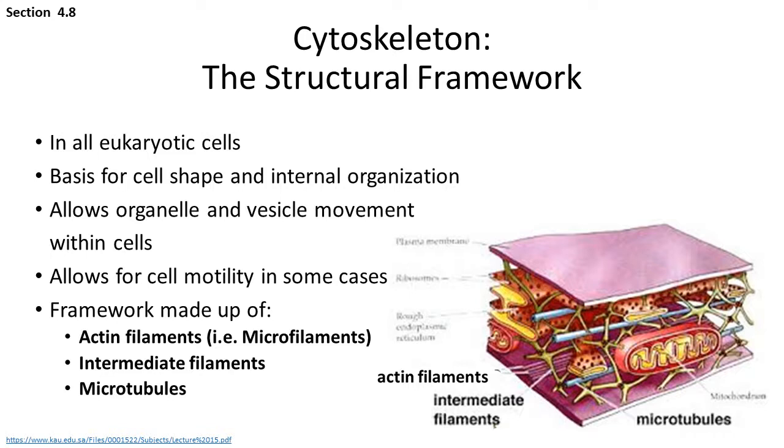It allows for internal organization. So it is the basis for cell shape, and it allows for organelle and vesicle movement within the cells. It also allows for motility in some cases. For example, pseudopodia are made from microtubules.